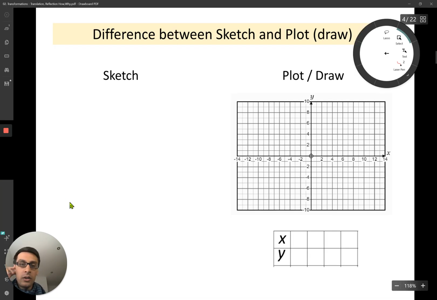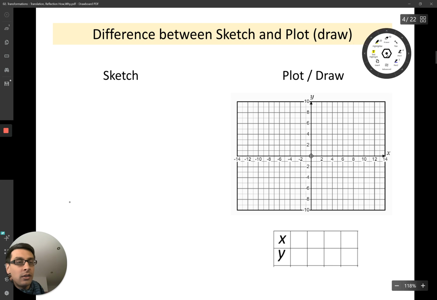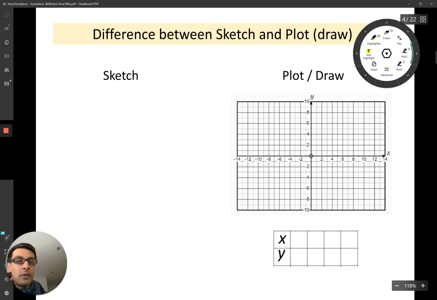When you are asked to plot a graph, you will typically have to draw a table of values, work out the exact coordinates, and then fill out the numbers, so 2, 2, I'm just making these up, 6, 4. And then you will usually have to connect the curve up to make the shape of the graph.